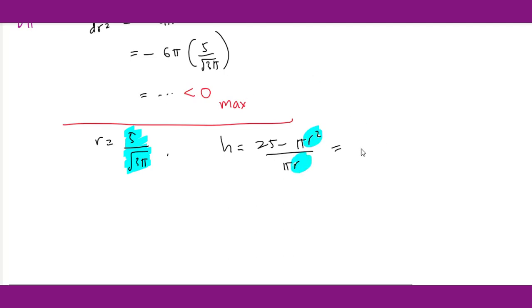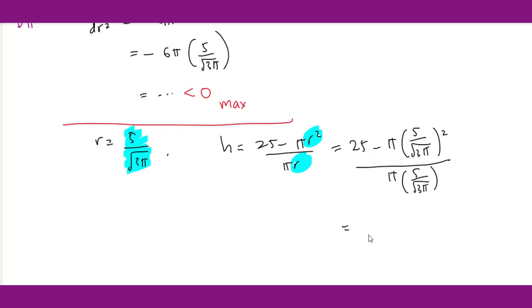So 25 minus pi times (5 over root 3 pi) squared, over pi times 5 over root 3 pi. Simplify. Pi cancels, can we cancel? 25 minus 25 over 3, over 5 pi over root 3. This one cancels.